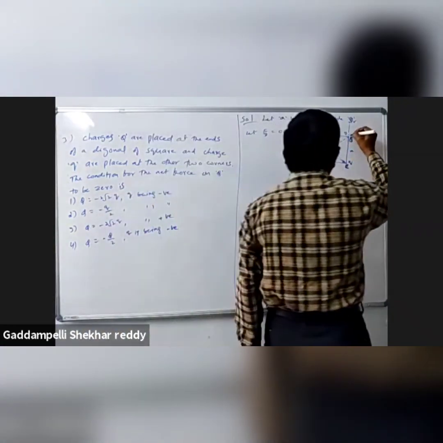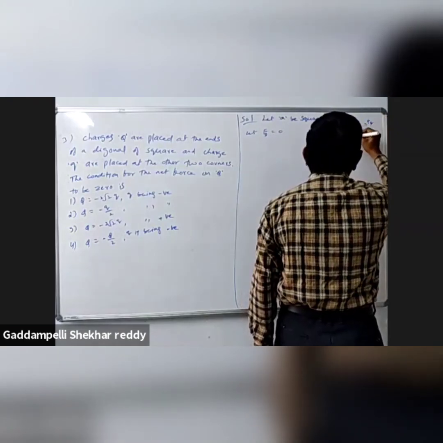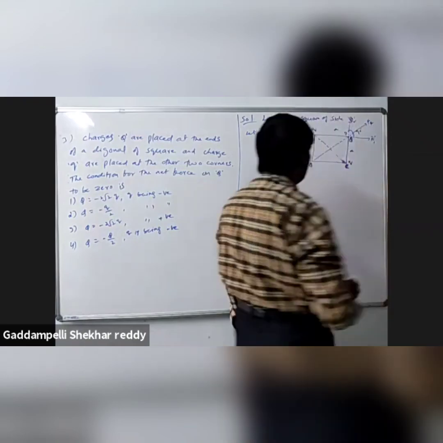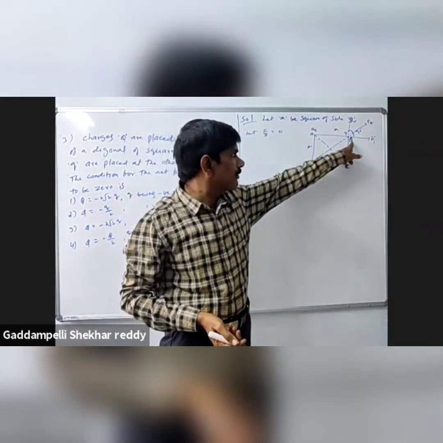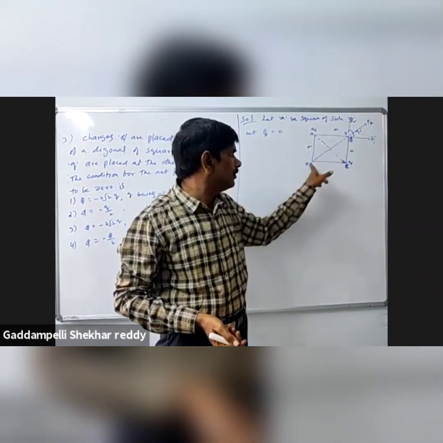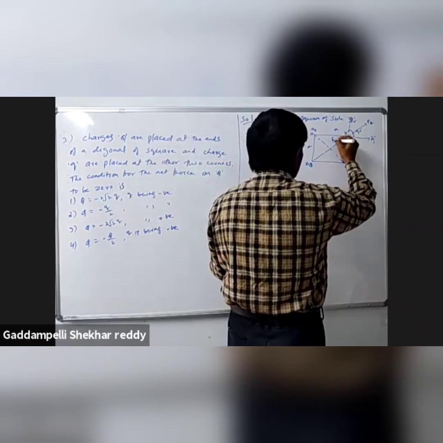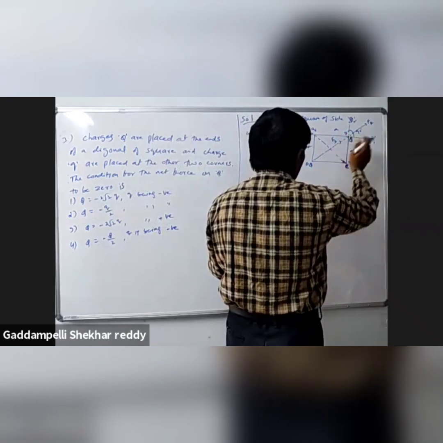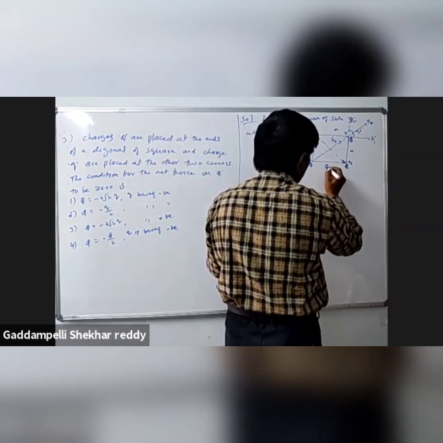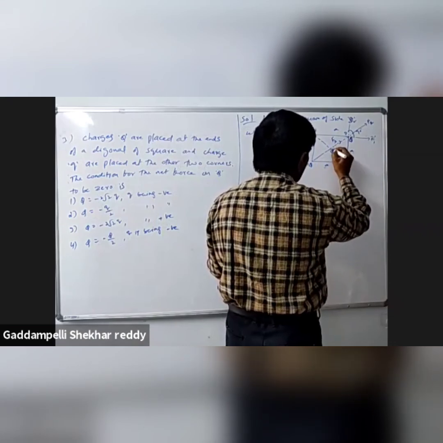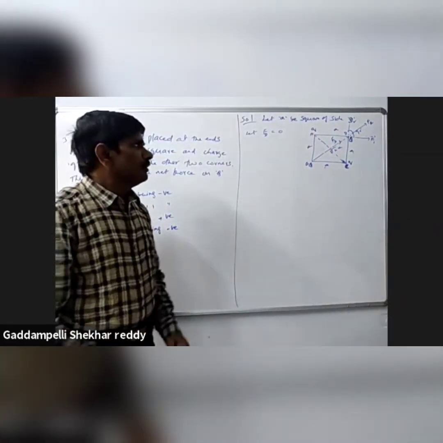Now consider the resultant force. Here theta is 90 degrees. Next, another force is there, the force acting on the corner D charge due to the corner B charge. This is also a repulsive force. This side is a, this side is a, and the diagonal will be root 2 a according to the Pythagoras theorem.